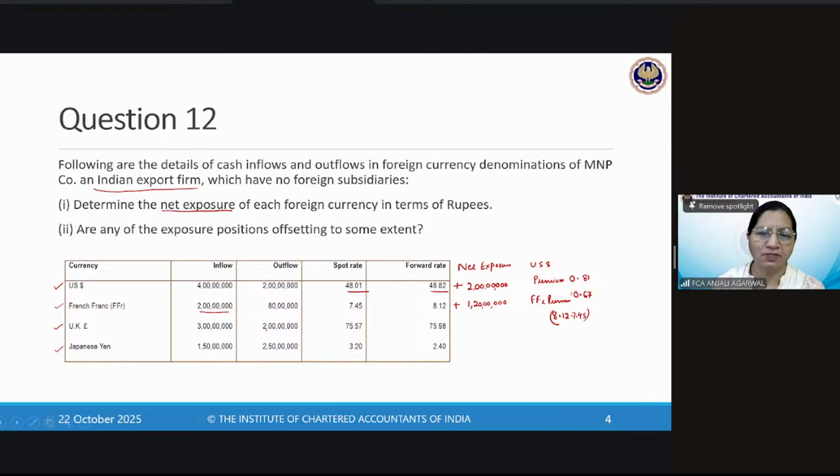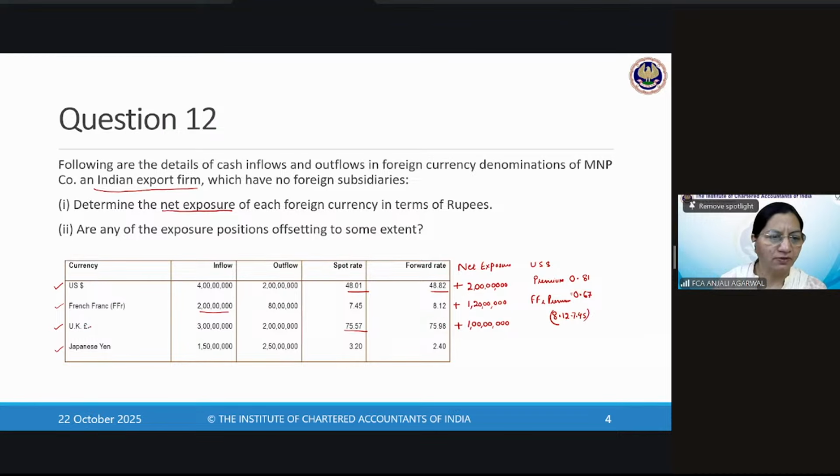The third currency that you are exposed to is UK pounds. Inflow is 3 crores, outflow is 2 crores. Once again, you have more receivables to the extent of 1 crore or 10 million. So 1 crore, and again, this UK pound, which was 75.57, has now become 75.98.